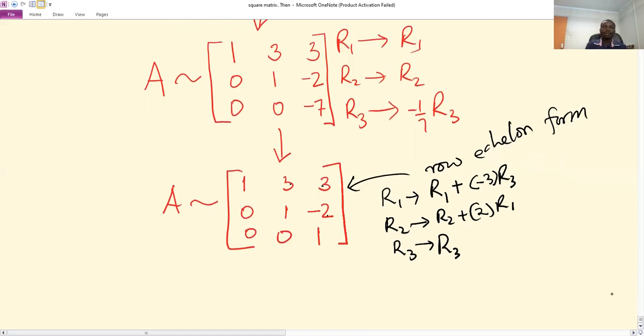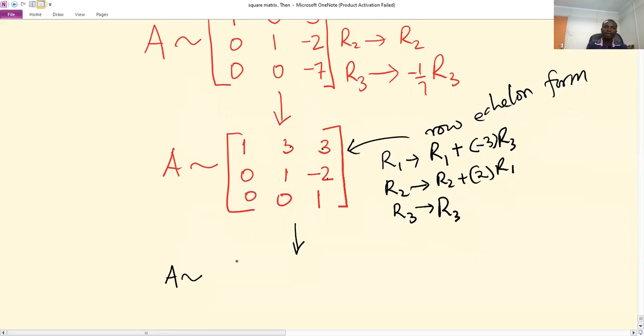So that will transform A into, now when you say this 1 plus minus 3 times 0, I get 1. 3 plus minus 3 times 0, I get 3. 3 plus minus 3 times 1, I get 0. 0 plus 2 times 0, I get 0. 1 plus 2 times 0, I get 1.